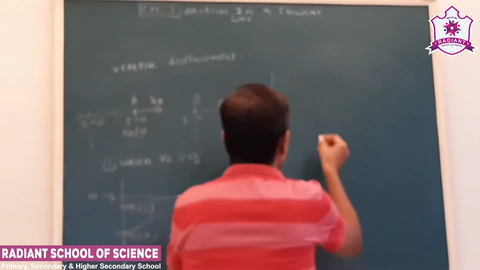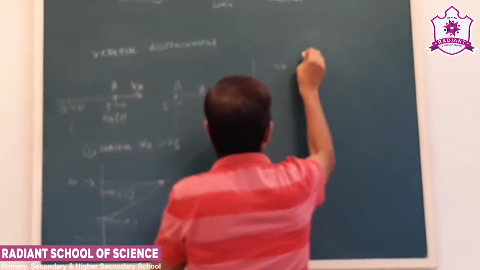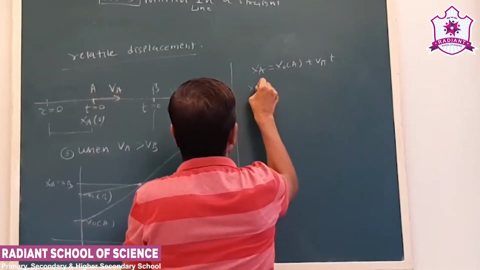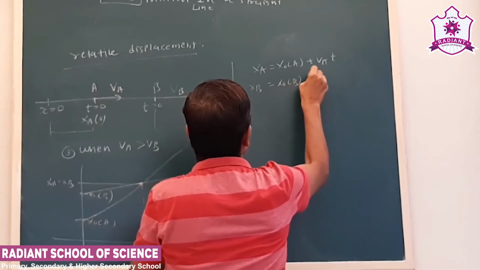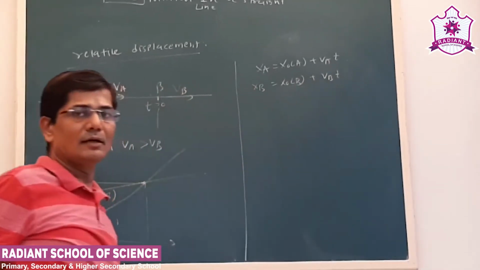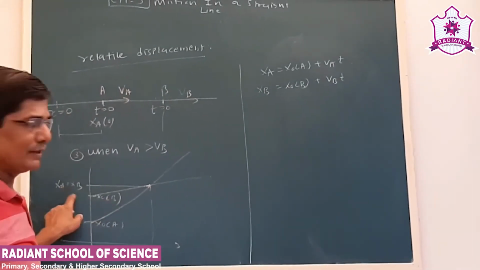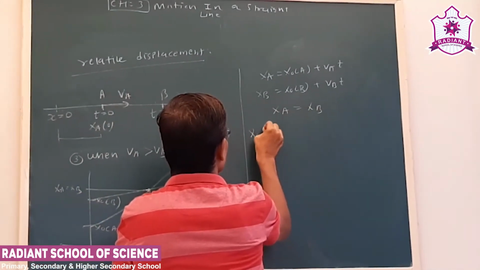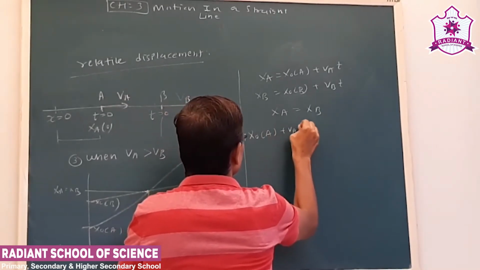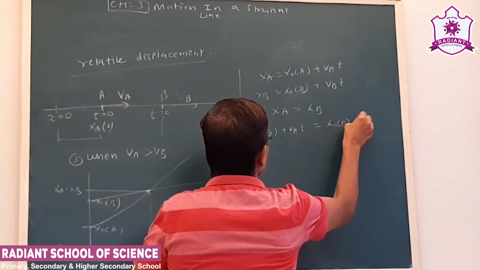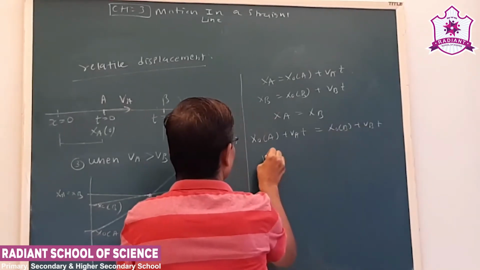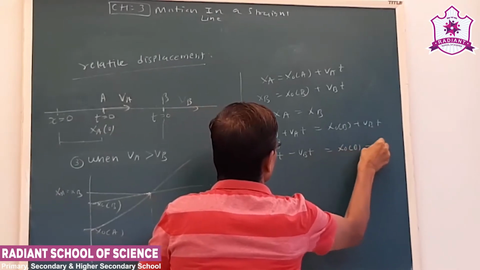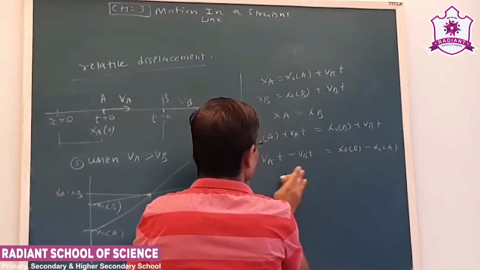Just now we have written the equation XA is equal to x0A plus VA into T, and XB is x0B plus VB into T. But at the meeting point the position is the same, so XA is equal to XB. So x0A plus VAT equals x0B plus VBT. We can take T common.